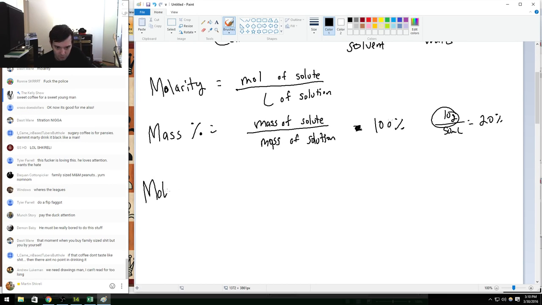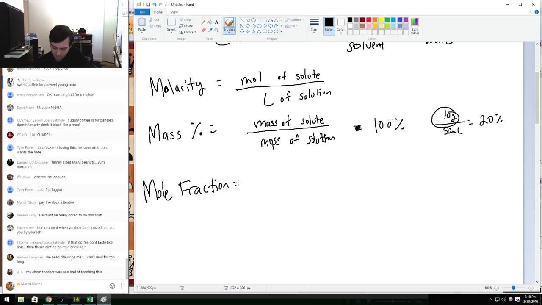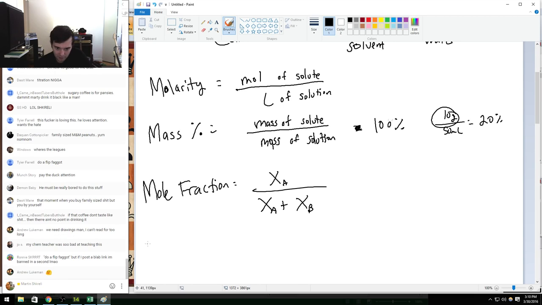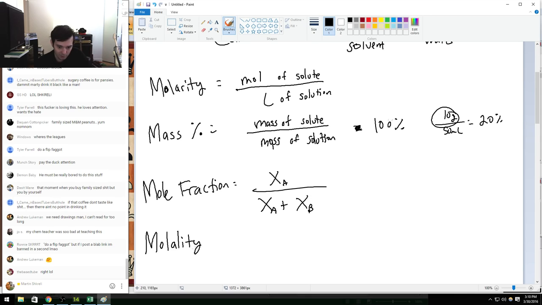A third way to do it is we'll call the mole fraction, which is similar to the mass percent, except it's the moles. So moles of solute over moles of solute plus solvent is the mole fraction, and that makes a ton of sense. And finally, we have this new one that I encourage you to learn called molality. Not molarity or morality. Morality is totally different.